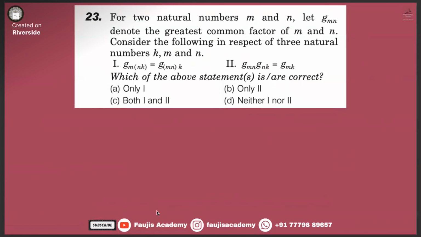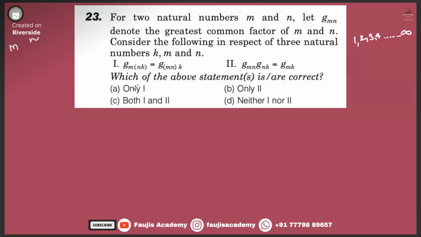For two natural numbers m and n. What are natural numbers, guys? From 1 to infinity, these are your natural numbers. Two natural numbers m and n, let g of m and n denote the greatest common factor of m and n. Consider the following in respect of three natural numbers k, m and n.